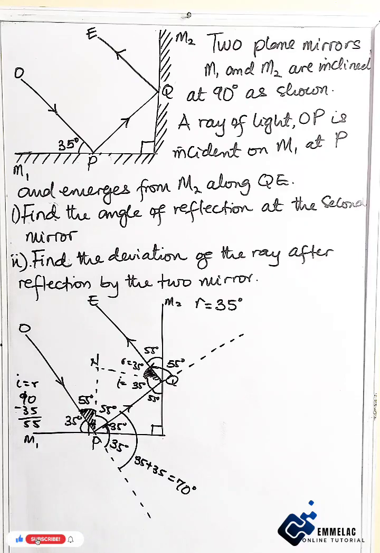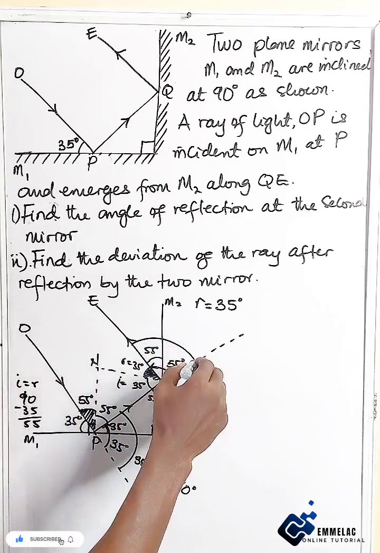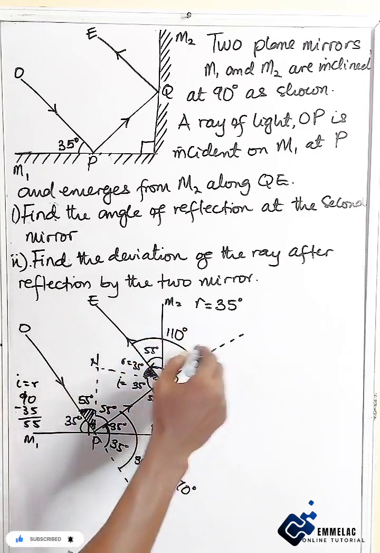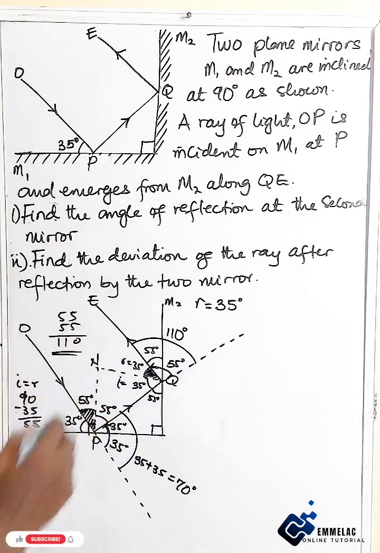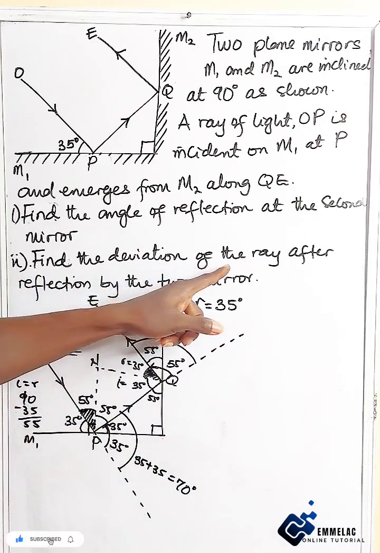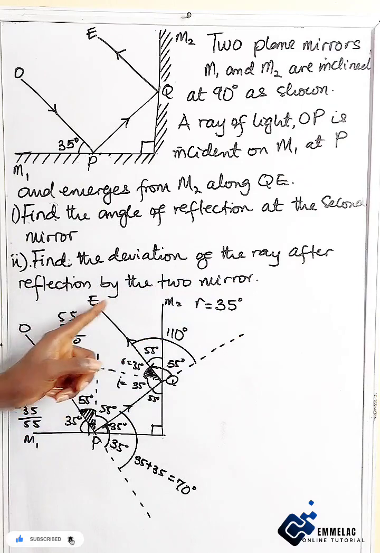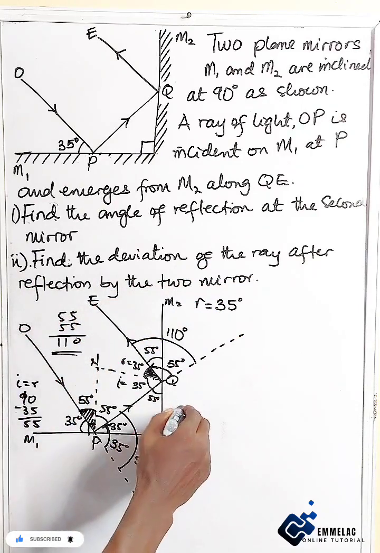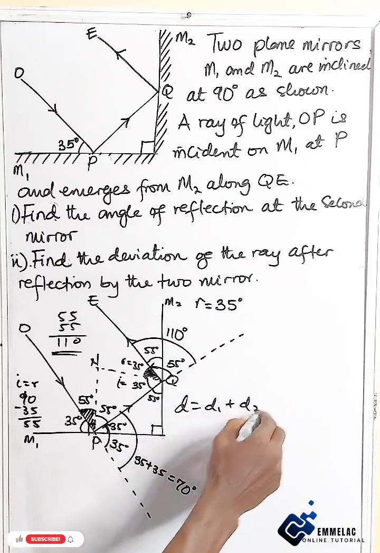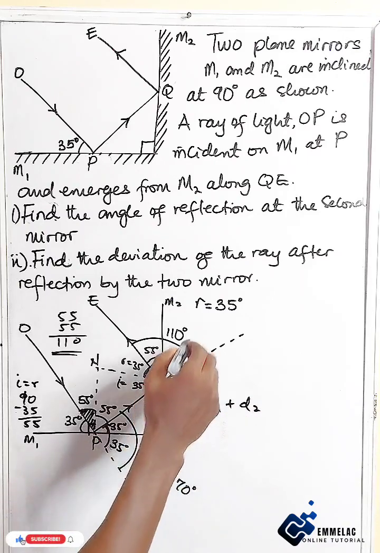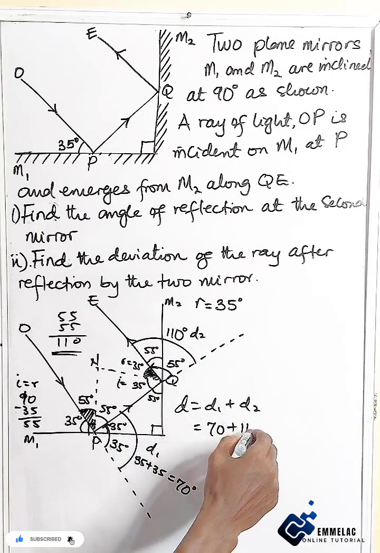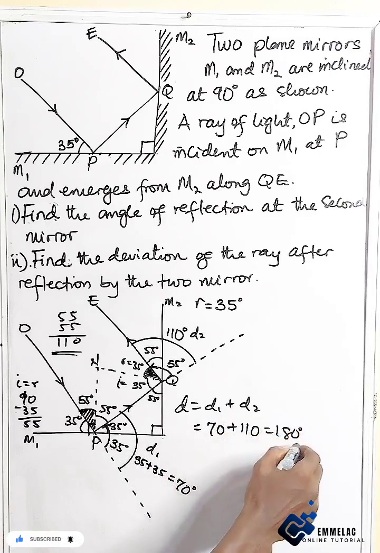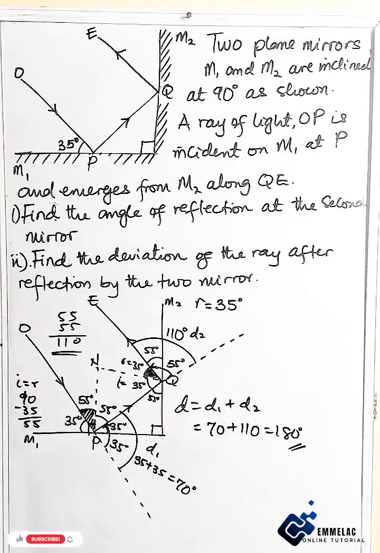So the whole of here is 110, because 55 plus 55 is 110. Now the deviation of the ray after the reflection by the two mirrors, D, will be D1 plus D2, which means the deviation here D1 and the deviation here D2. So 70 plus 110 gives us 180. That's the final answer.